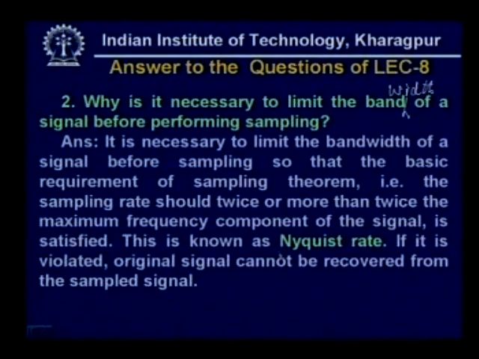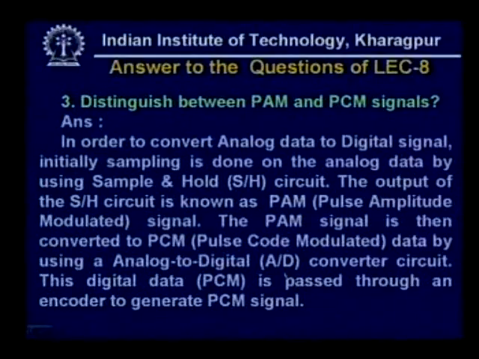This is known as the Nyquist rate, as I have already discussed. If it is violated, the original signal cannot be recovered from the sampled signal. So it will suffer some kind of distortion, which is known as aliasing error. Third question was, distinguish between PAM and PCM signals.